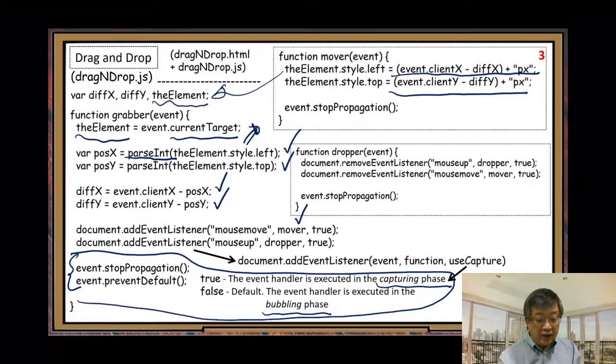How do you disconnect? Remove event listener, mouse up, dropper, true. All right. Disconnect another event function connection. Remove event listener, mouse move, mover, true.